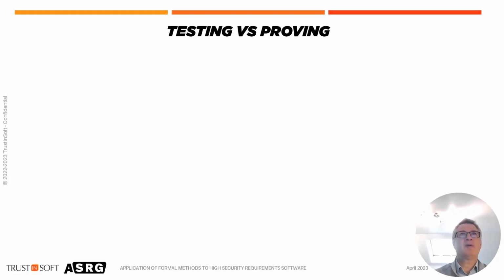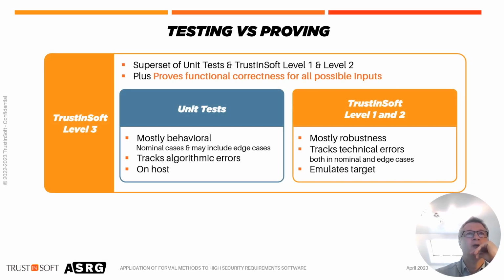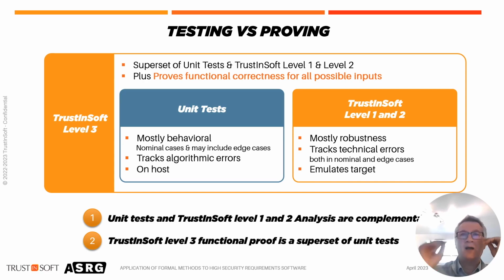I already spoke about it a little bit, but what's the difference between testing and proving? Remember what I explained earlier, and this diagram shows fairly well how all of this is related. Unit tests are mostly behavioral. They test the nominal case, and they may also include edge cases. They track algorithmic errors, so they will verify that the output of a particular function is the one that's expected for a given input. TrustInSoft robustness proof, so level 1 and level 2, is mostly robustness.